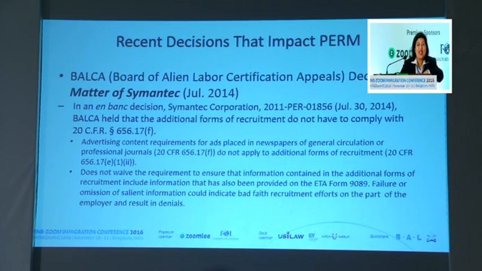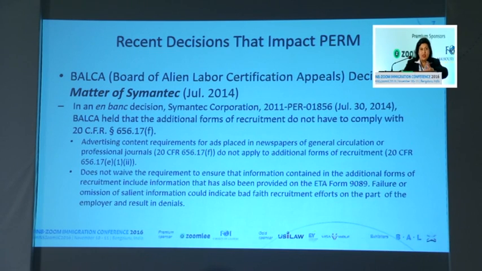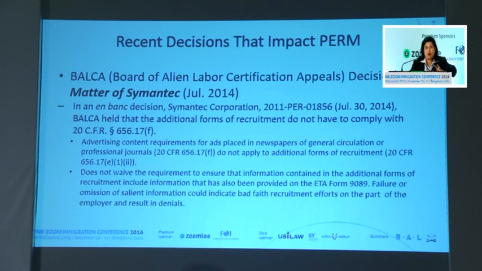So we see a relaxation on the language. Originally we would always advise our clients, oh, you better make sure it mirrors word for word. So you can see a trend in relaxing that requirement, saying that certain avenues of advertisement do not necessarily need that exact language or uniformity against all Perm recruitment avenues.